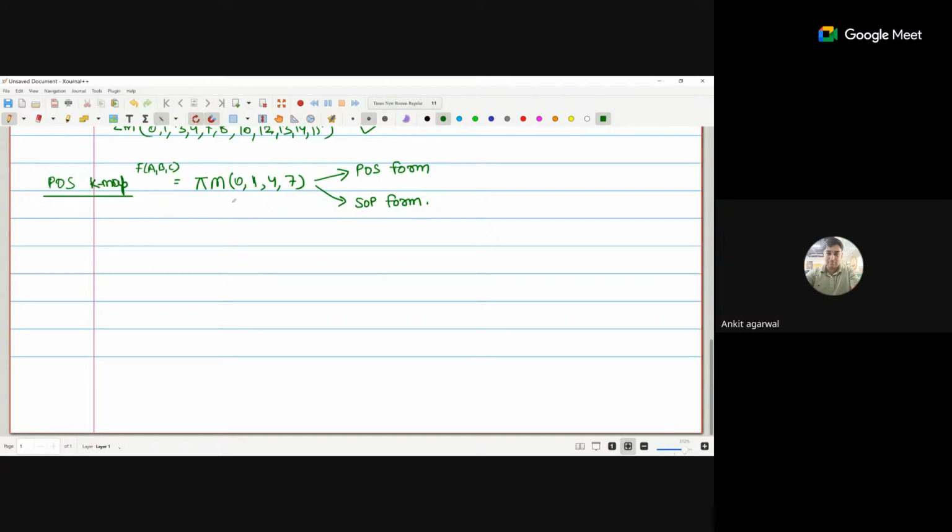If I want to show this one in the POS form, this is a three variable, 8 terms are there. So I just take A, B, C: 0, 0, 0, 1, 1, 1, 1, 0. Now POS term will be defined for logic 0. We already discussed that one.